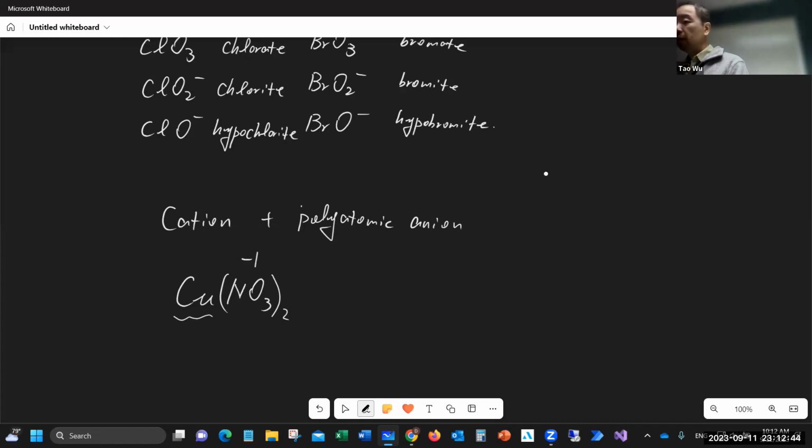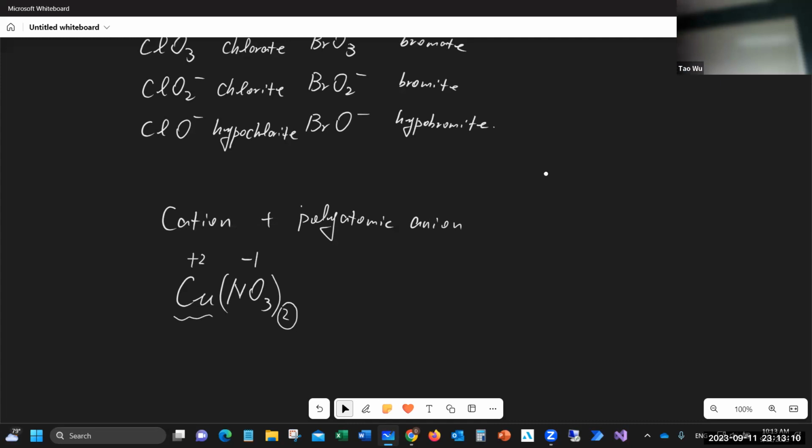You see, we put 2 over there, which means we have 2 nitrates to balance the charge for the copper. Because the compound is neutral, the copper is +2. Looking at the common ion sheet, copper has 2 different ions, copper 1 and copper 2.